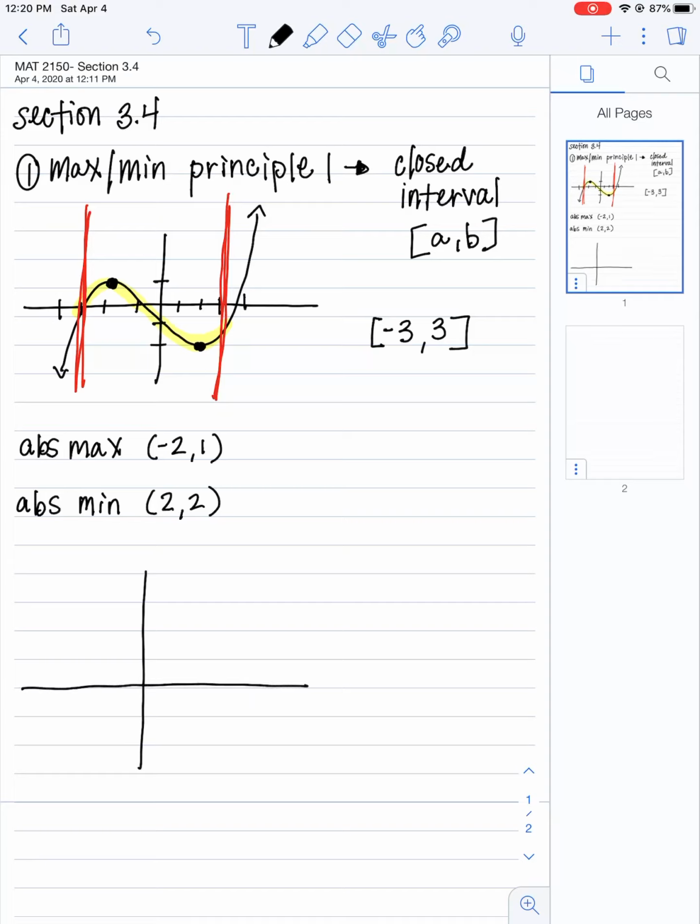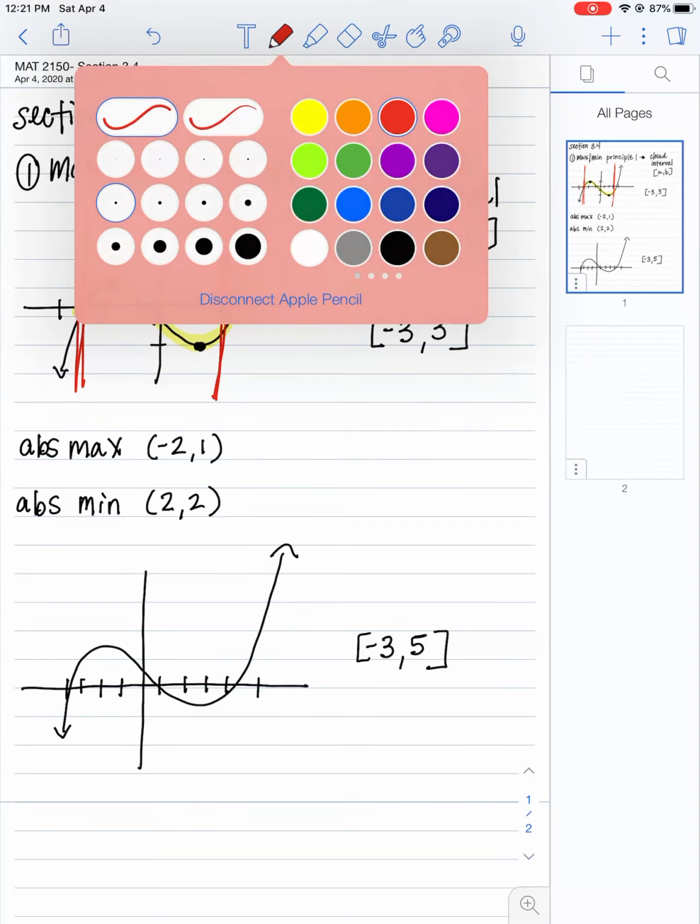Now let me draw this other picture for you. I've got this other cubic, and let's say I want to look from -3 again to +5.